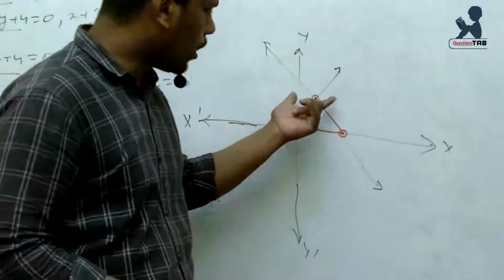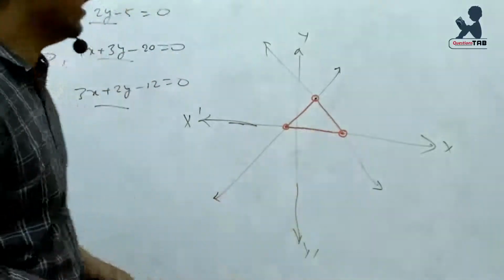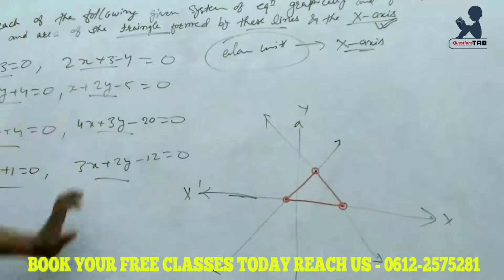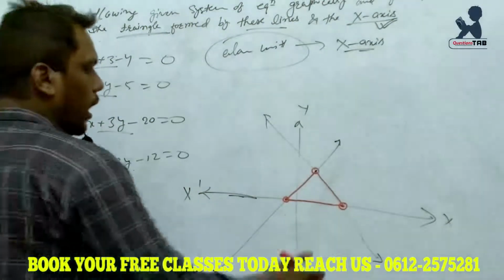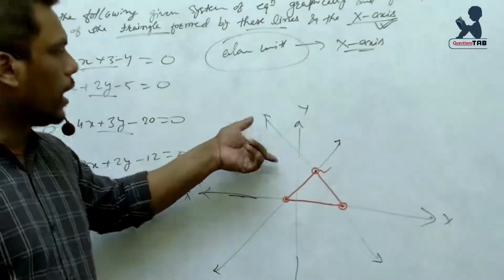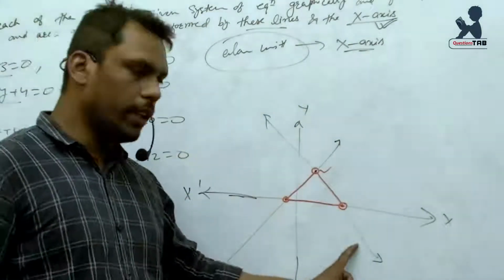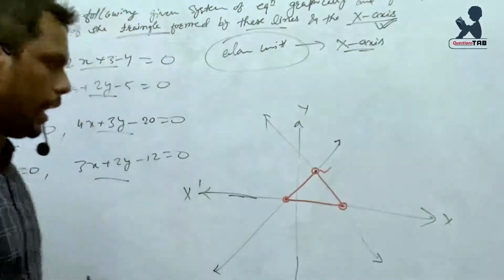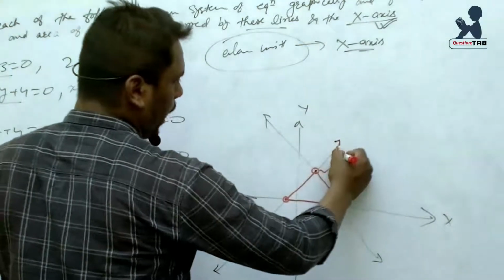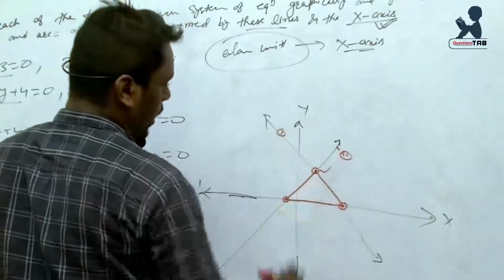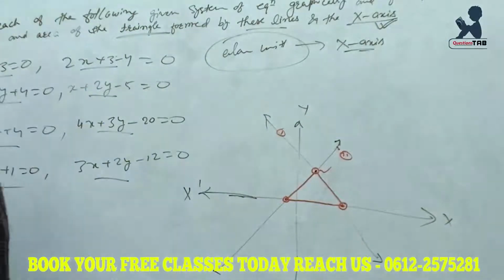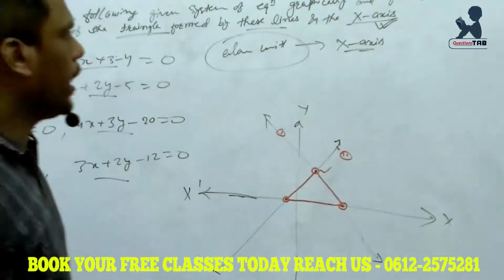So here we get the vertices of the triangle. Our simple work in this question is to find the cutting point of the two lines, and find the cutting point of the first line with the x-axis, and find the cutting point of the second line with the x-axis.